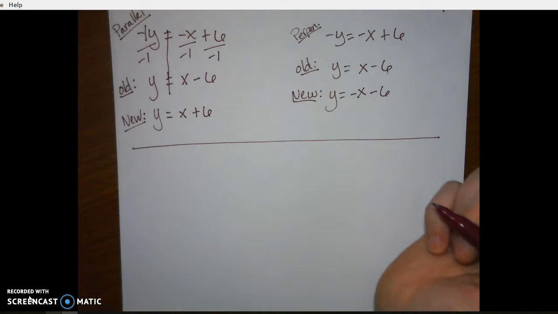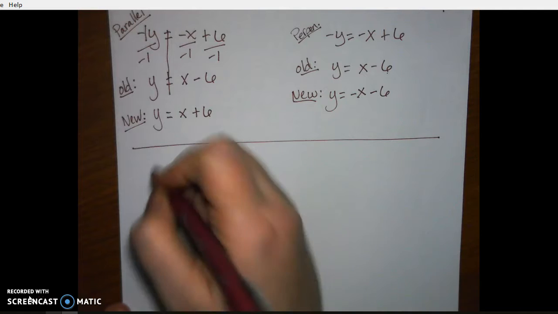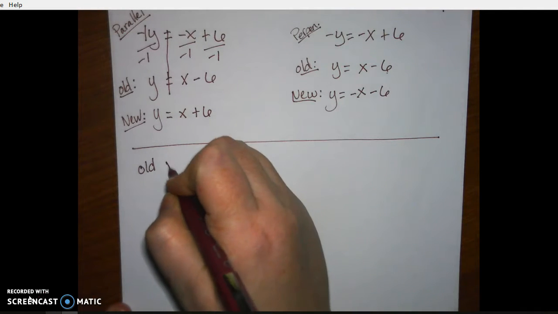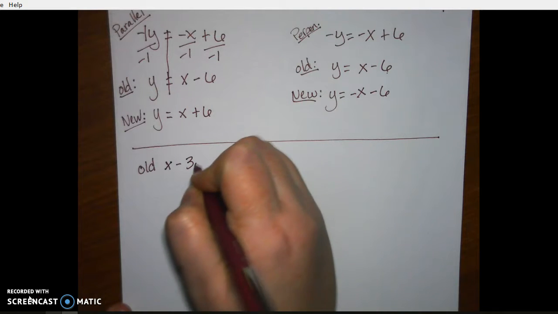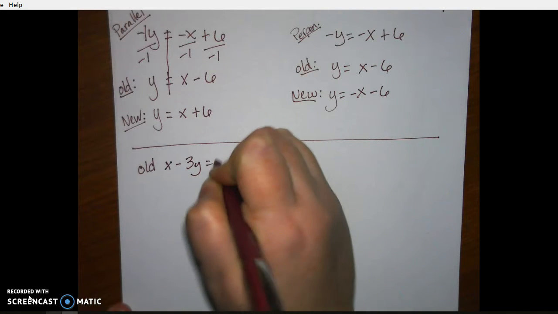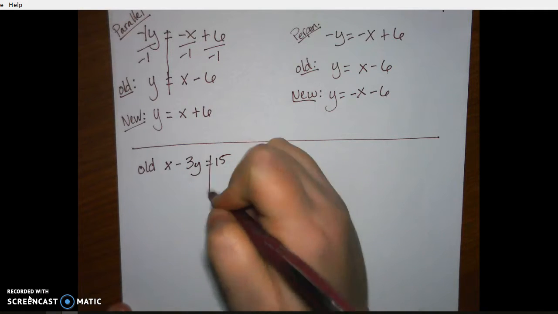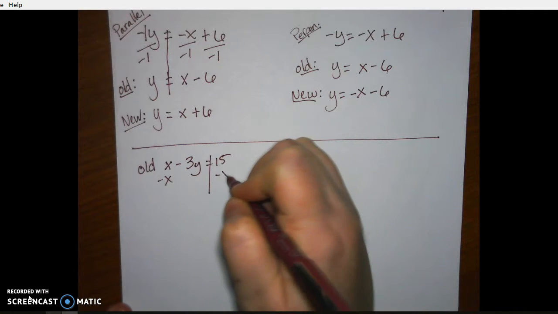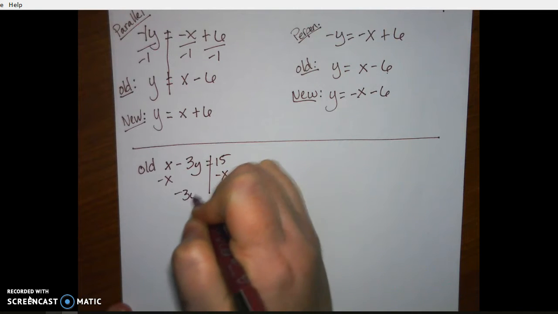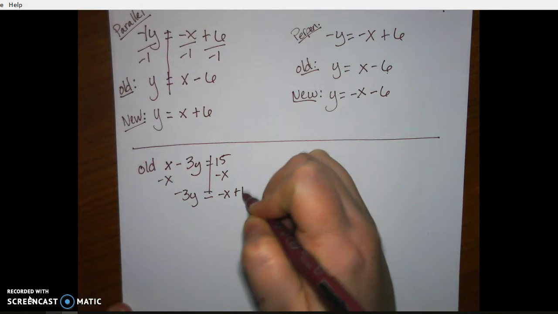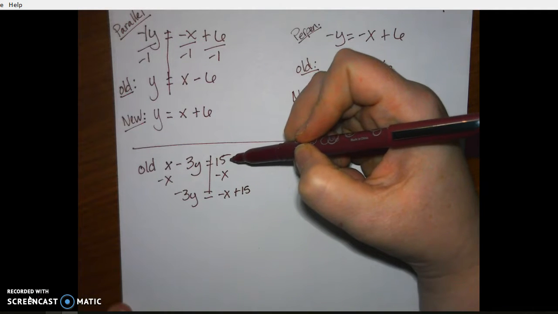Okay? Now, if you're given a point, let's see. If you are given a point, here's my old x minus 3y equals 15. Okay, great, but I have to move stuff around. So minus x. So I'm left with negative 3y equals negative x plus 15 because this 15 is positive.